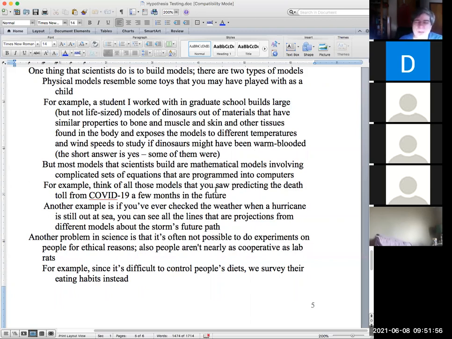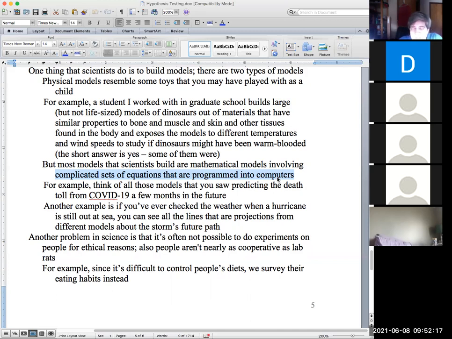But most of the models that scientists use are actually mathematical models. And they just involve very complicated sets of equations that are programmed into computers, because computers can do the calculations so much faster and so much more accurately than people can.